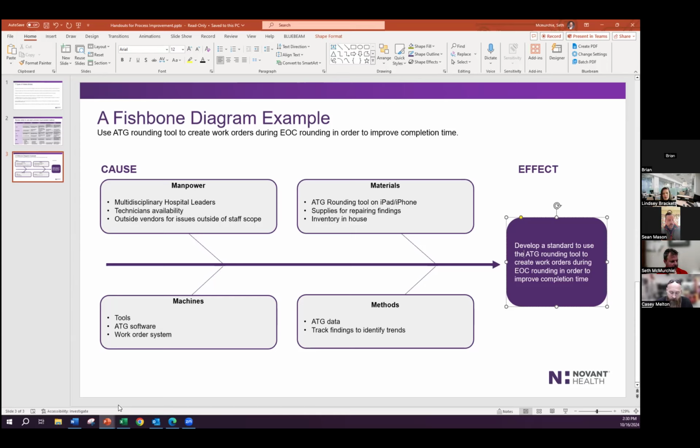So we want to use the data to track findings and identify trends. If everybody's on the same page when it comes to rounding, it's going to develop a good plan where administration can look at that and develop stats for what is continuously being neglected or broken, or for compliance, what doors are having issues.